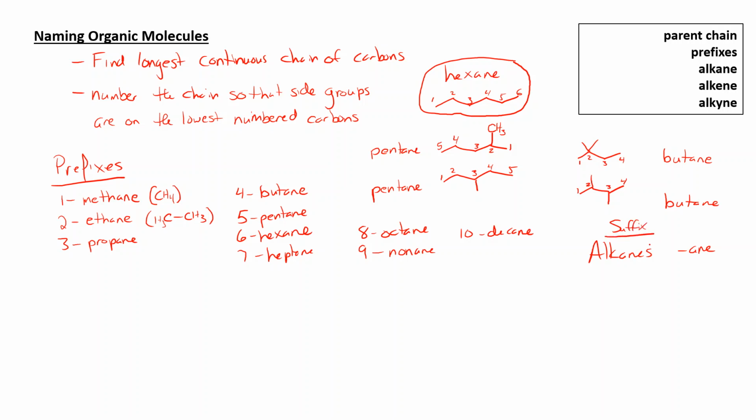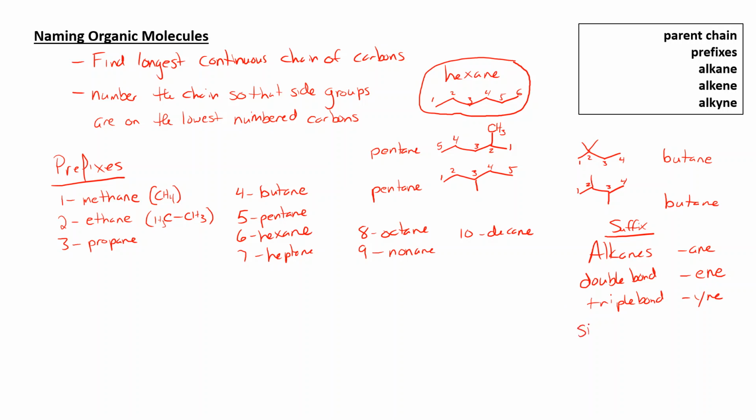If it contains a double bond, anything that has a double bond in it, it'll end in ene. So then you'd have things like pentene, hexene, etc. A triple bond is going to end in yne. And then, of course, you can have hexyne, etc.